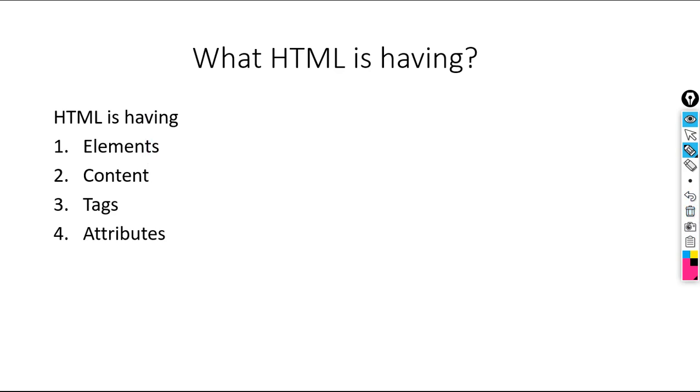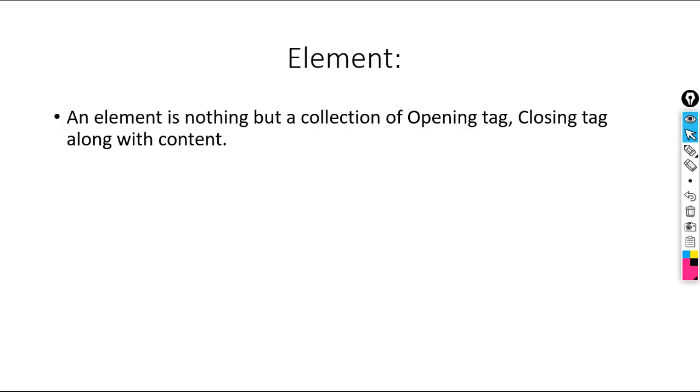We will learn all these things: element, content, tags and attributes one by one in depth. Now element. Let's see what is element first. An element is nothing but a collection of opening tag, closing tag along with content. Just now I have explained one example of h1 tag. Now in HTML we have two types of elements.